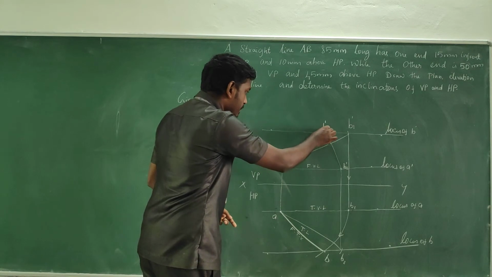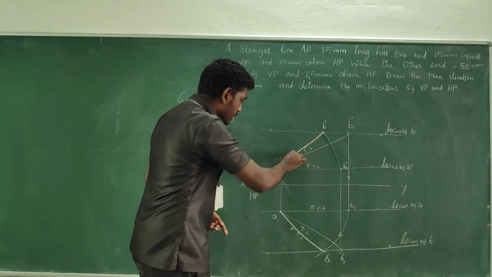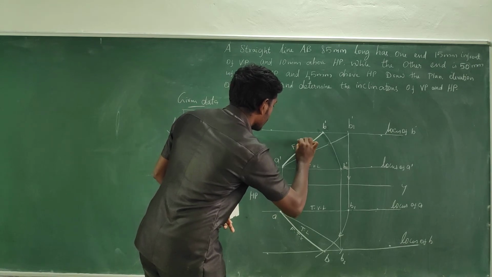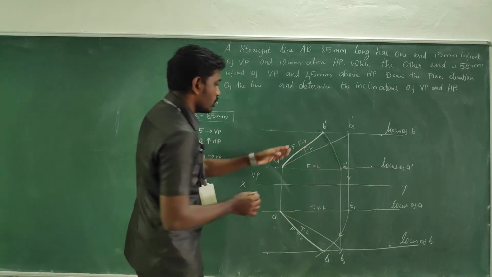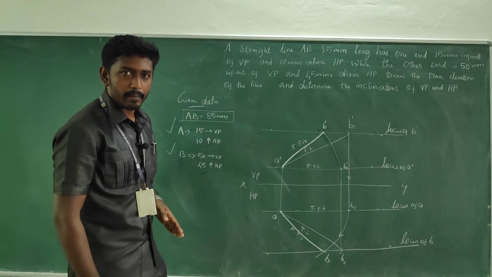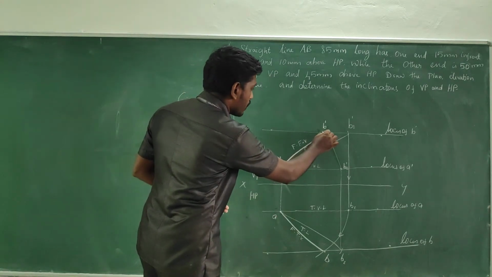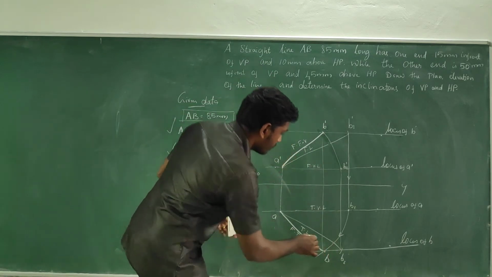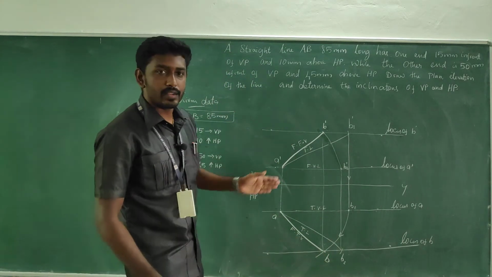If you connect a line B dash to A, this becomes your final front view. So make it a dark line. And see, if you connect a line B dash to B, it will be a straight line.